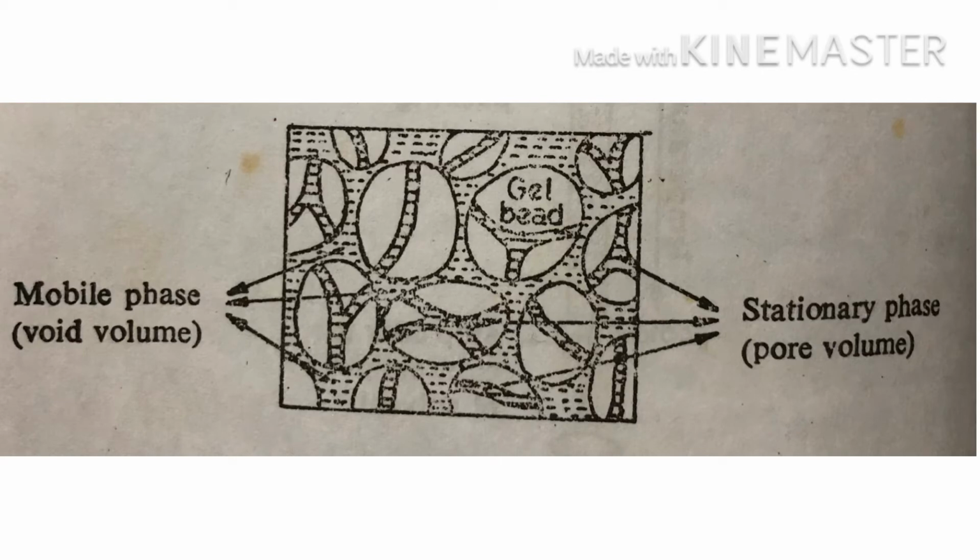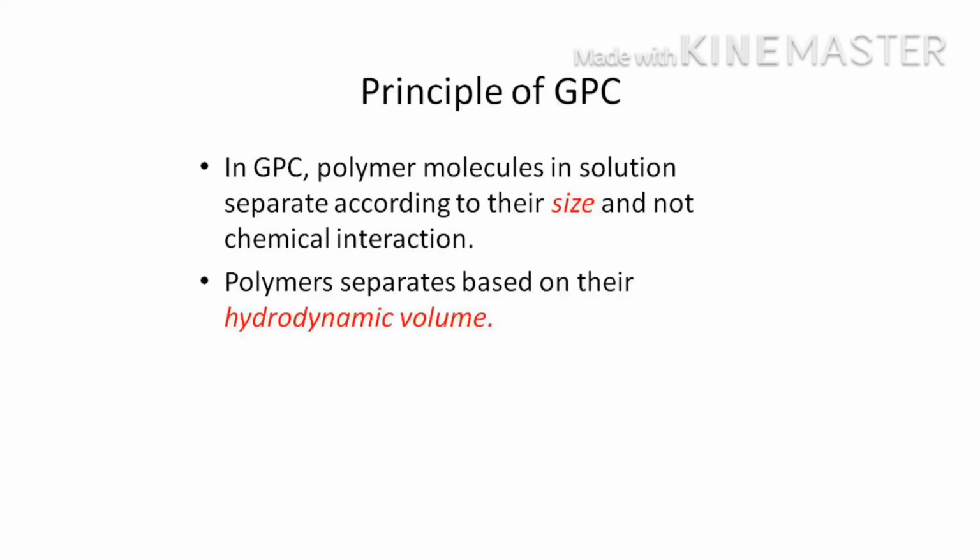So the space inside the pore is called pore volume, and the space between the gel beads is called void volume. Thus, the solvent phase occupying the void volume acts as the mobile phase, while that occupying the pore volume acts as the stationary phase.